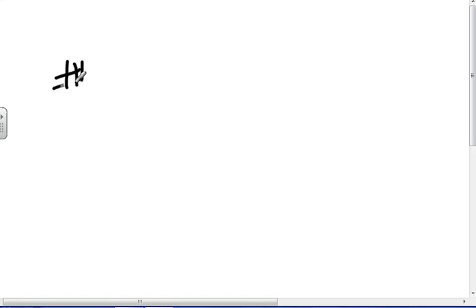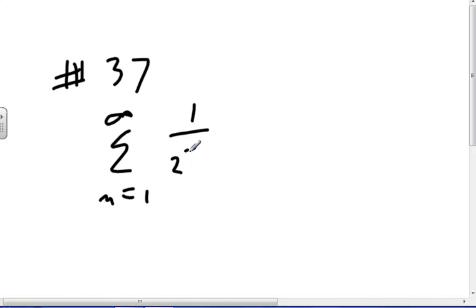Okay, so looking at number 37. I have a summation n equals 1 to infinity of 1 over 2 to the n plus 2n. So gut feel, diverge or converge?